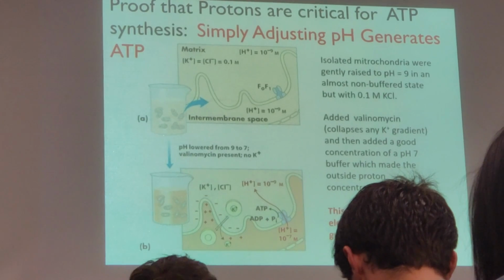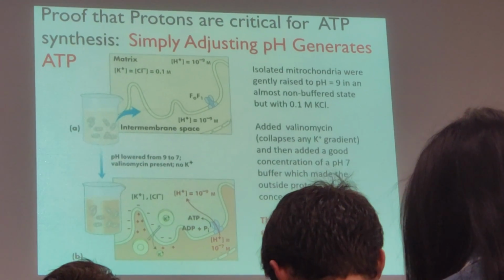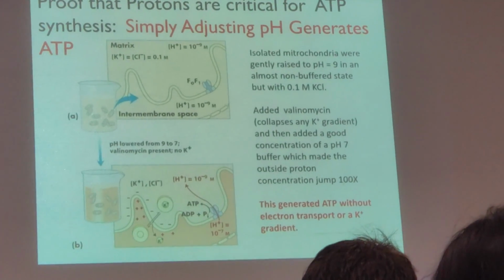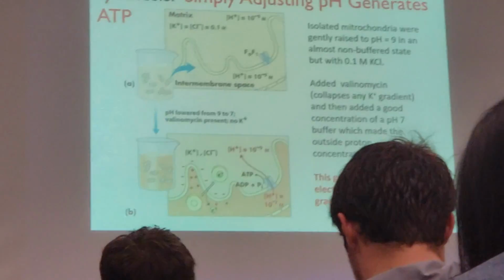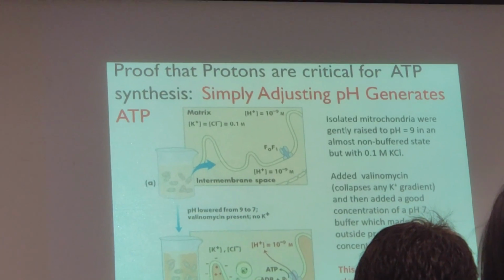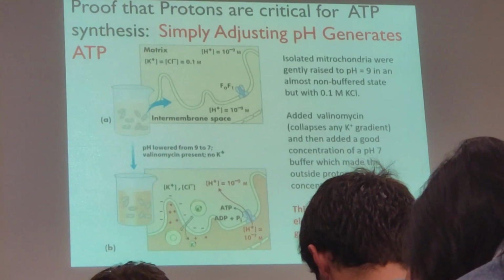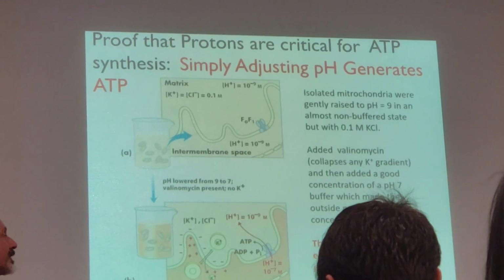So basically, if you do that, collapse the potassium gradient and poise the pH, you can jump the outside proton concentration. All right, so even just this simple thing, I've just added a couple chemicals, I've just added protons to the system. This actually resulted in the generation of ATP. So this is the experimental linkage from protons to ATP synthesis being really important.